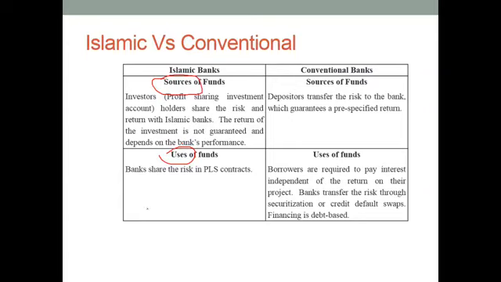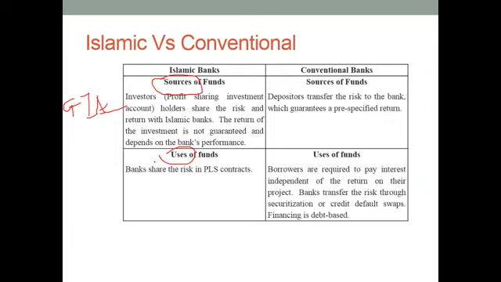Now this is if using GIA, the General Investment Account, right? As for the uses of fund, banks share the risk in PLS contracts. Now this is in terms of theory.